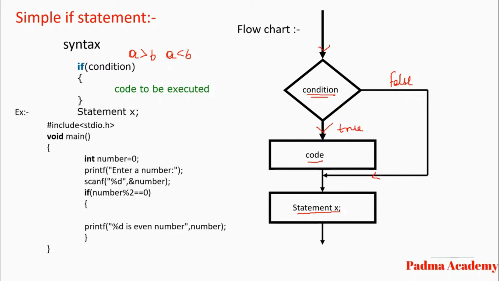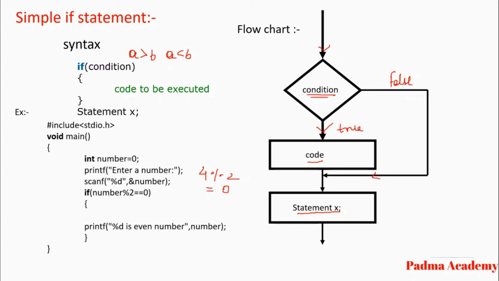We will look at one example of it. This example is in the C programming language. We have declared a variable number. printf enter number. Suppose we enter 4. It will scanf %d ampersand number, so the number variable will contain 4. Then number mod 2, that is 4 mod 2, we calculate the remainder.